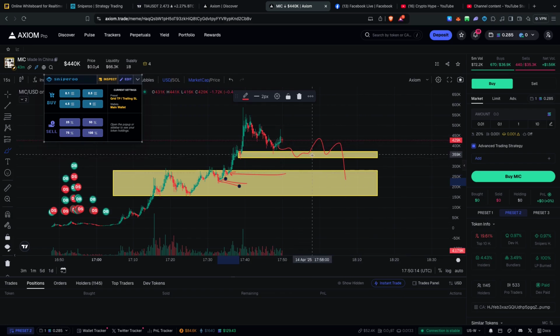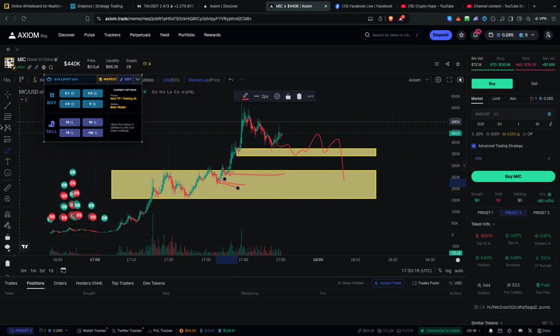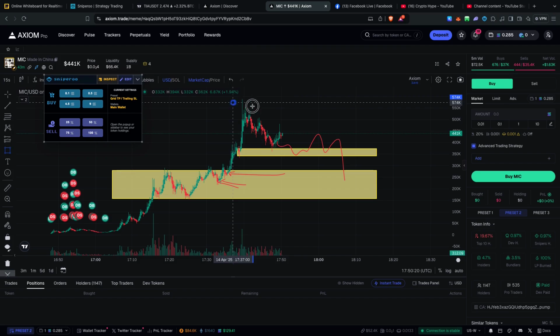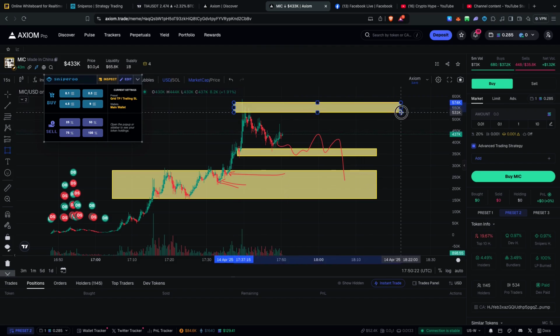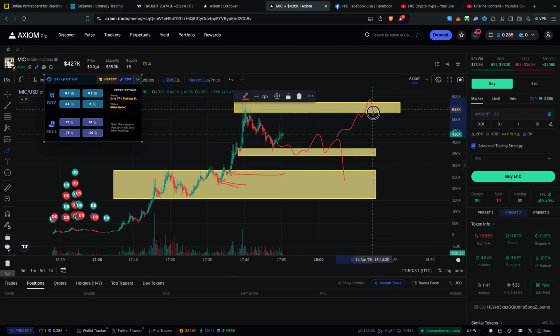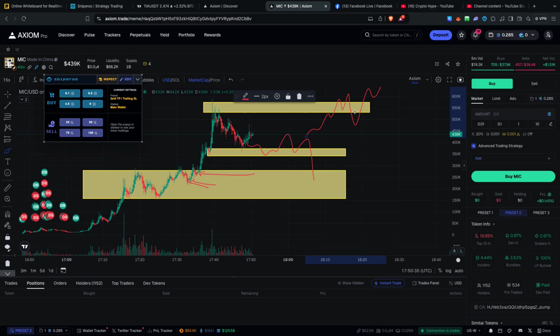If it doesn't end up retracing, I would rather go for a breakout of this particular level, because this is where we have resistance. If I see the price consistently trying to break out, boom, tries to do that, I would definitely buy the breakout.